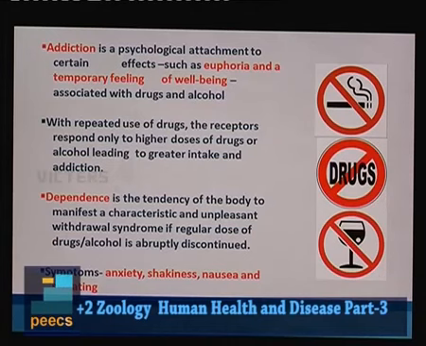So, dependence is a tendency of the body to manifest a characteristic and unpleasant withdrawal syndrome if a regular dose of drug or alcohol is abruptly stopped or discontinued. What are the symptoms of withdrawal syndrome? The common symptoms are anxiety, shakiness, nausea and sweating.